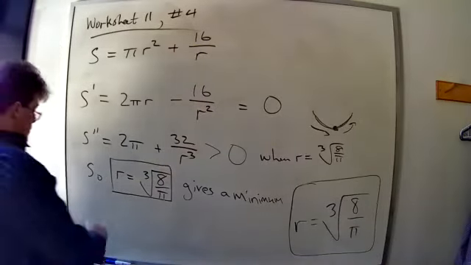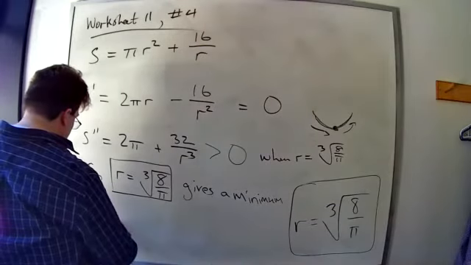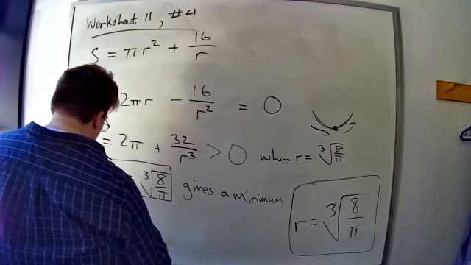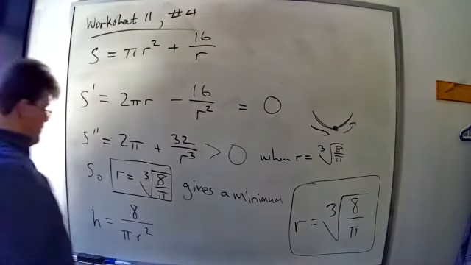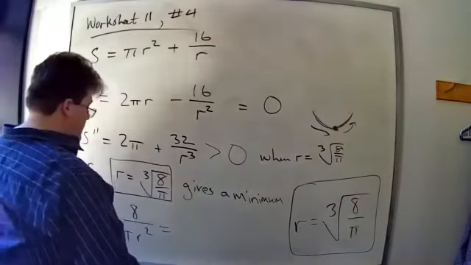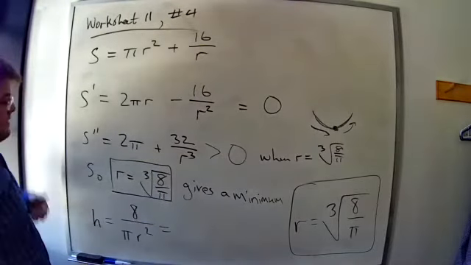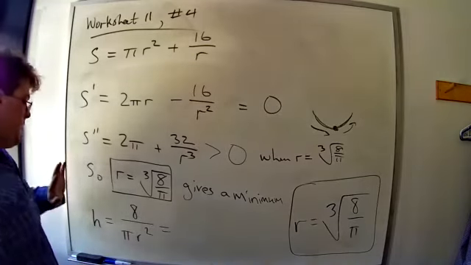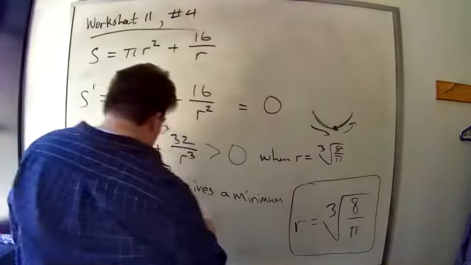So what is h? Well, h was given by 8 over pi r squared. If you had one like this on the final, I wouldn't want you to spend your time simplifying this.